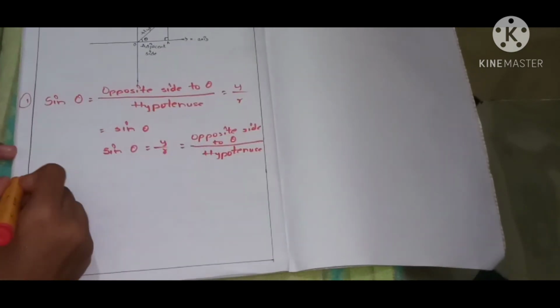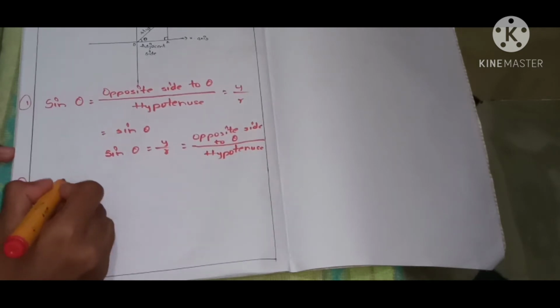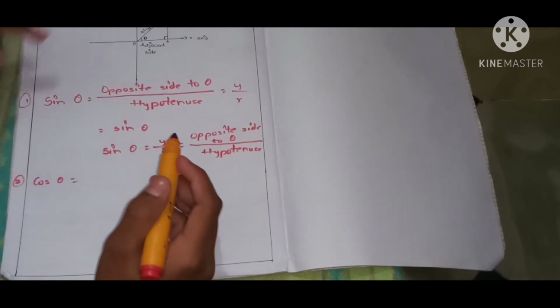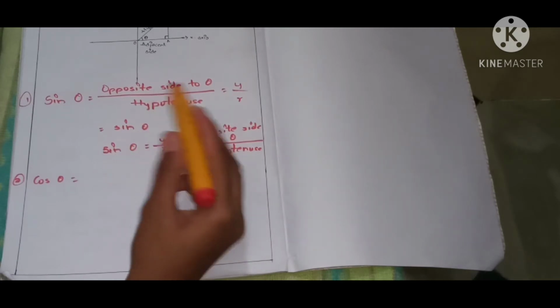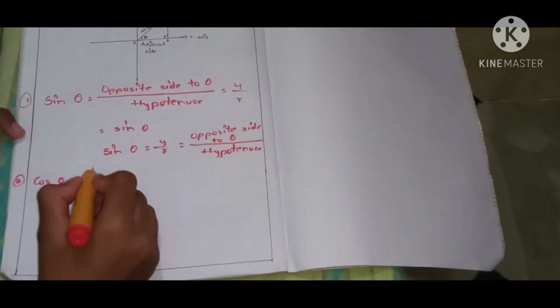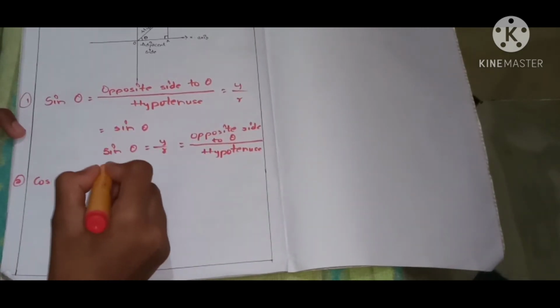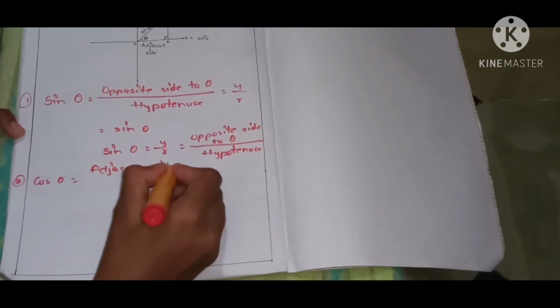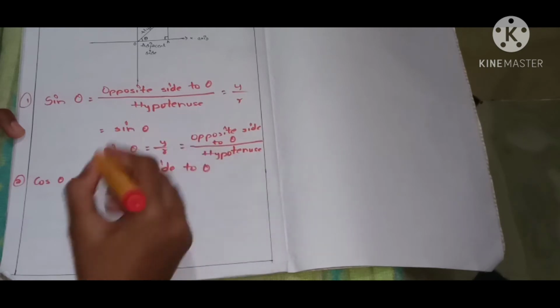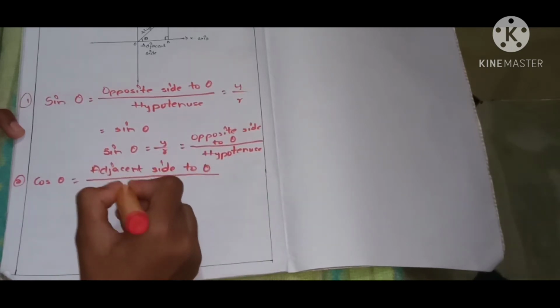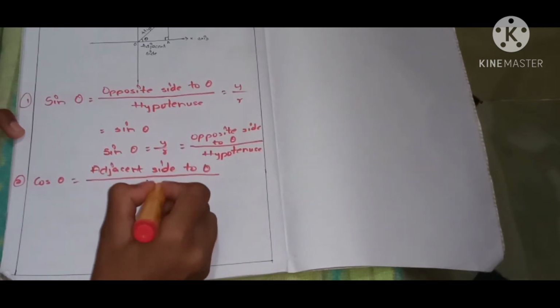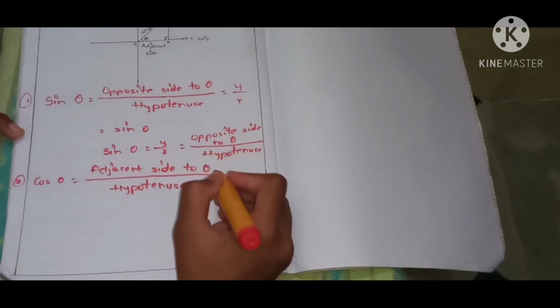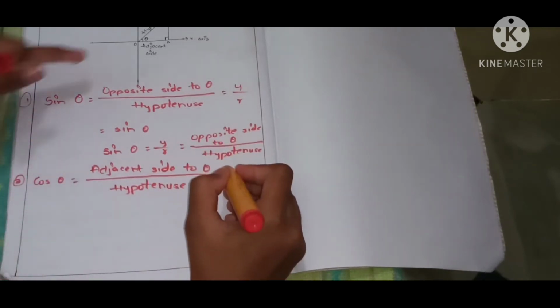And second one, cos theta. Cos theta equal to adjacent side to theta by hypotenuse. Adjacent side to theta is known as x, and hypotenuse is r.